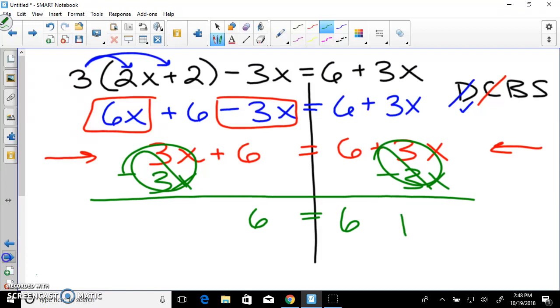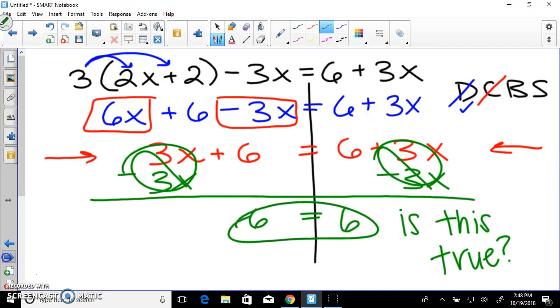So 6 equals 6. Is this true? Remember, if it is not true, then it's no solution. If it is true, then it's infinitely many. Is this true? Yes. So we would say infinity or infinitely many. Awesome.